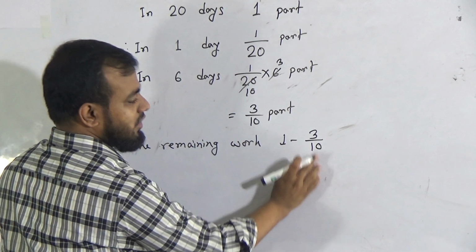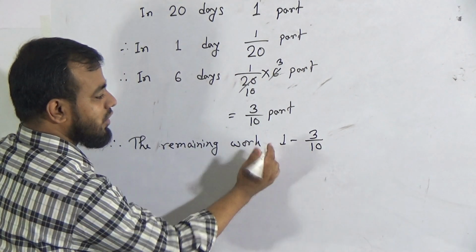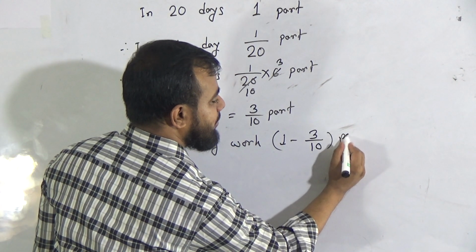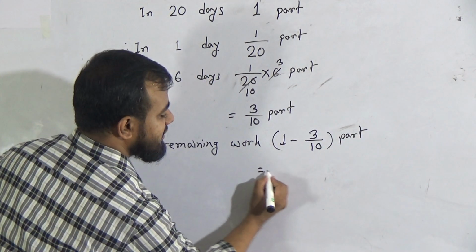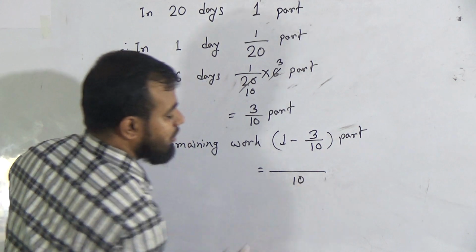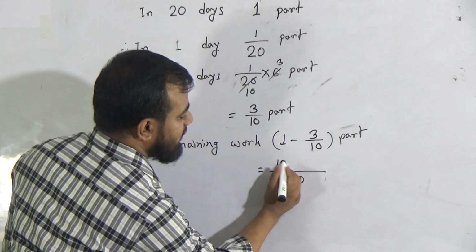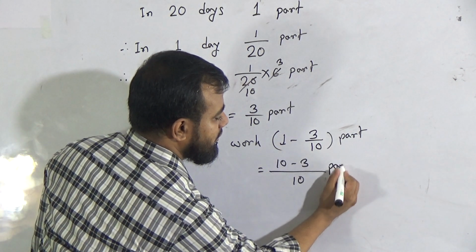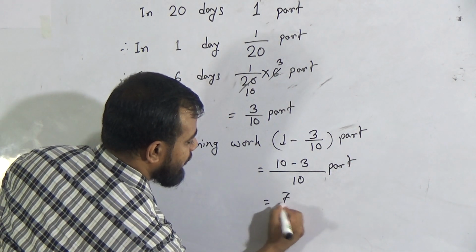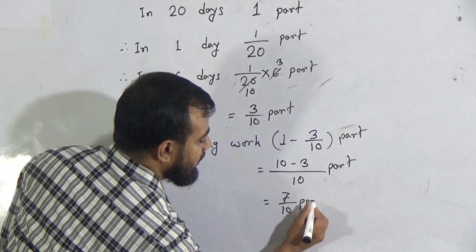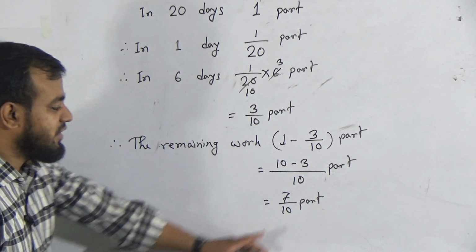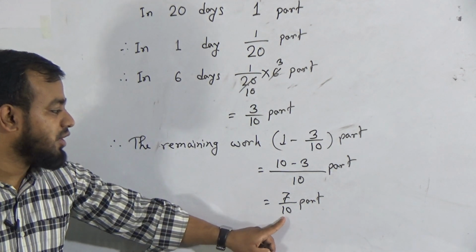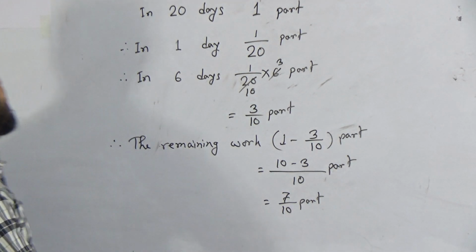So let's subtract this done work from the whole work. This part is the remaining part. Okay, it's a simple subtraction, dear students. 10 will be our denominator. It's 10 minus 3 part, that's equal to 7/10 part remaining. This part needs to be done, and this part is done by Halima alone.